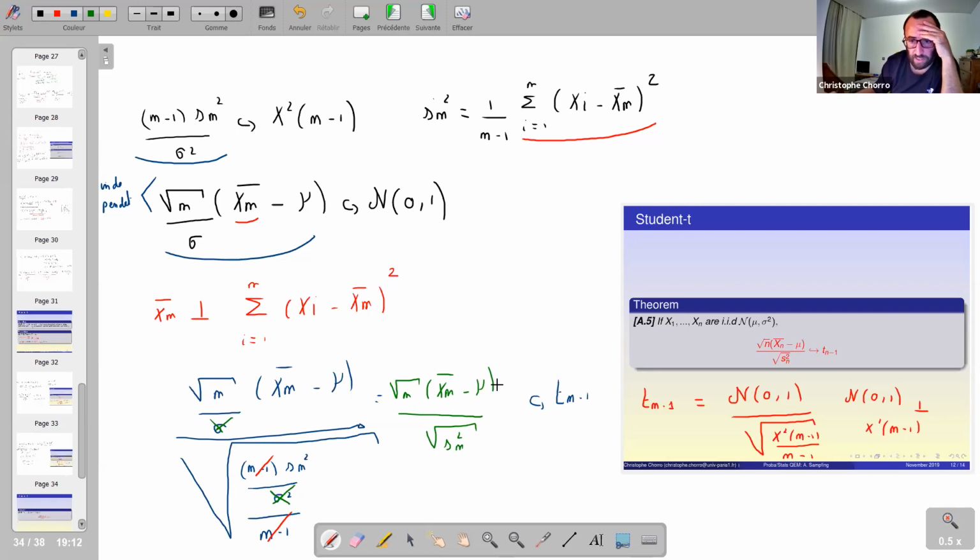That is exactly the quantity of interest in the theorem. So doing this little manipulation, I prove that this random variable may be written as the ratio of a N(0,1) and the square root of a chi-square of parameter n minus 1 over n minus 1. That is exactly the definition of a student of parameter n minus 1.